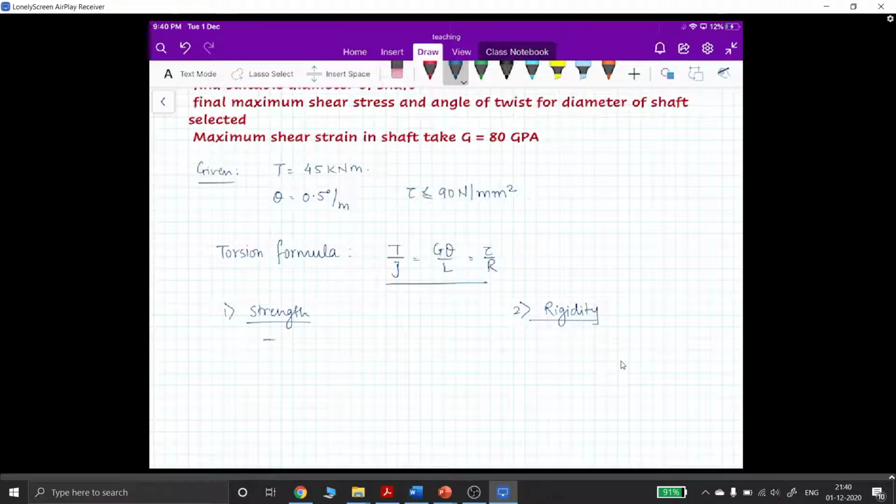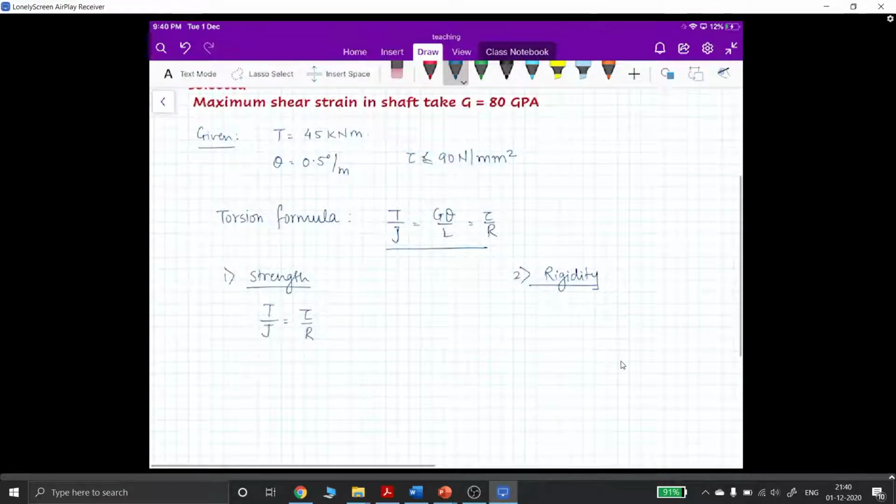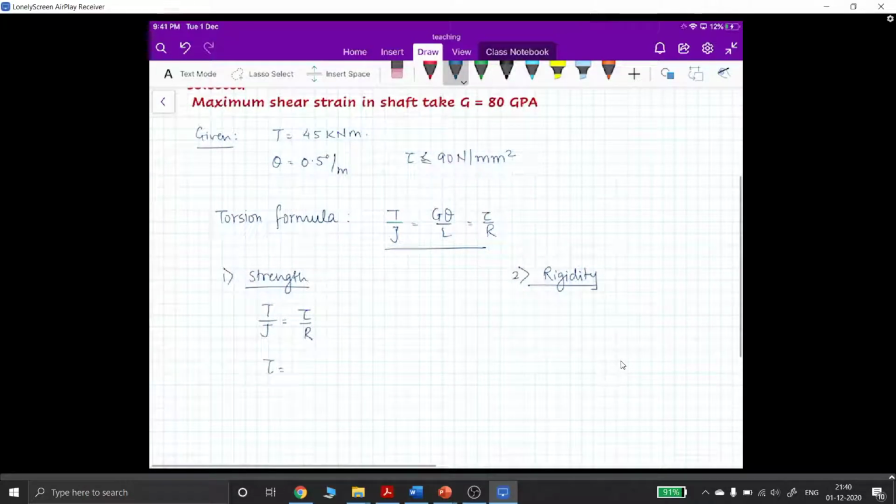For strength criteria, we will go by the stress terms. Tau is the term related to strength, and tau is given to us. In this problem, the maximum limiting value of 90 Newton per mm square will be the maximum stress. R can be written in terms of diameter, so radius will be equal to d by 2.